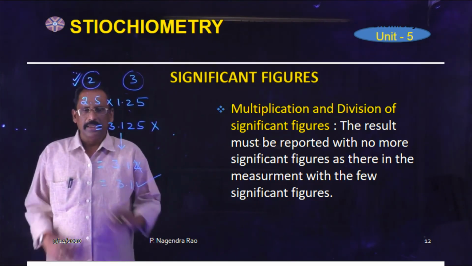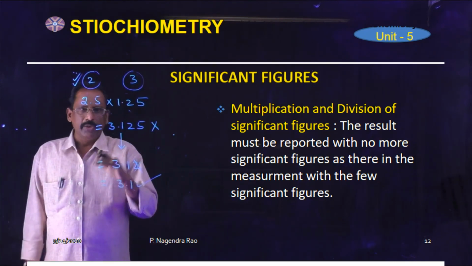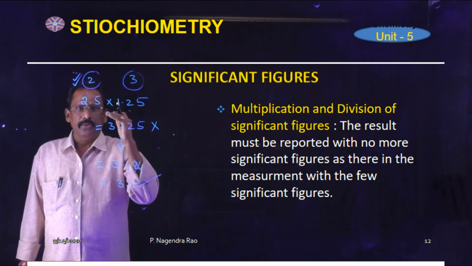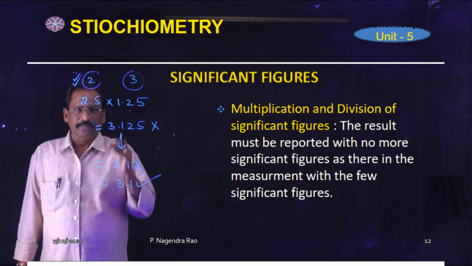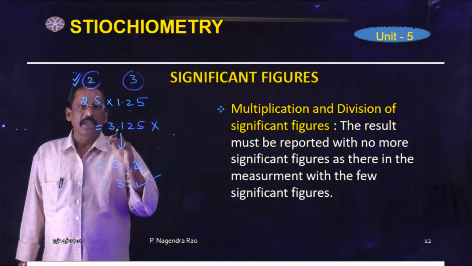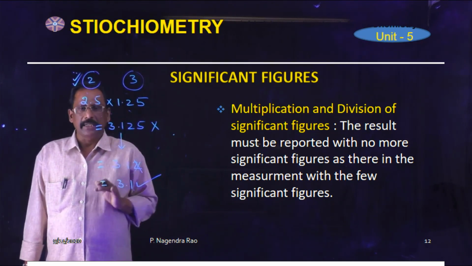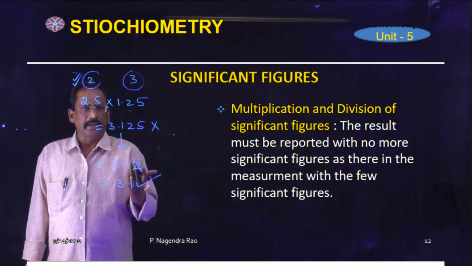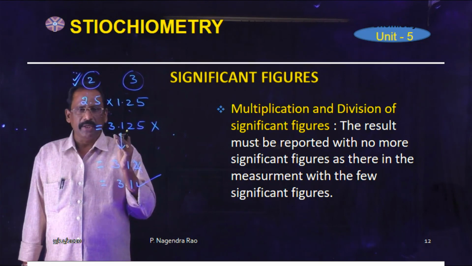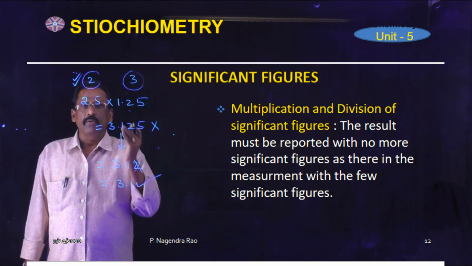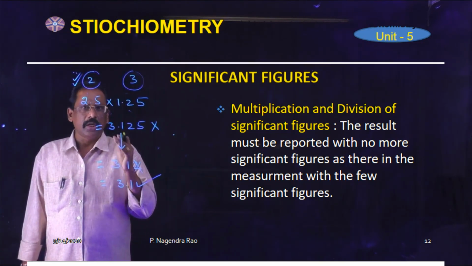So these are the different rules which are used to calculate the significant figures. So up to now, properties of matter and how to calculate the number of significant figures by using various rules are completed.